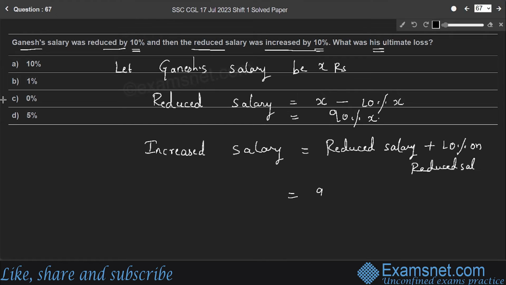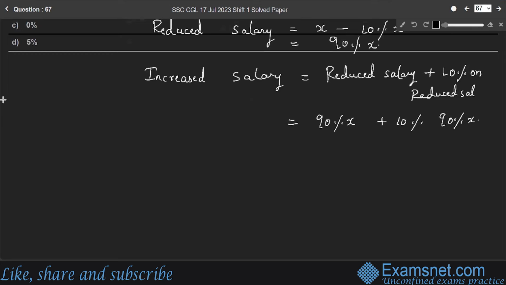So it is 90% of X plus 10% of the reduced salary, which is again 90% of X. We can take 90% of X common. So 1 plus 10 by 100: 90 by 100 into X into 110 by 100, right?